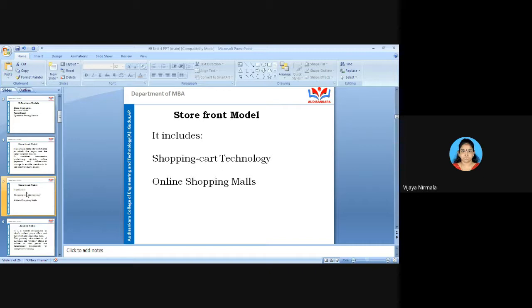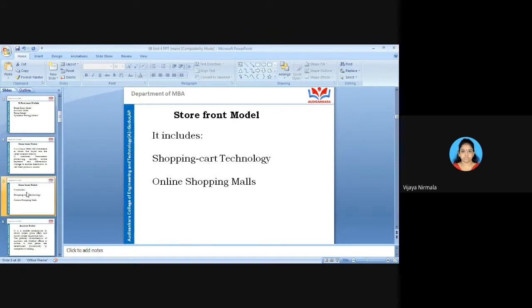So let us see what shopping cart technology is. The shopping cart is the most commonly used e-commerce enabler. It is order processing technology that allows customers to accumulate the items they wish to buy as they continue to shop.